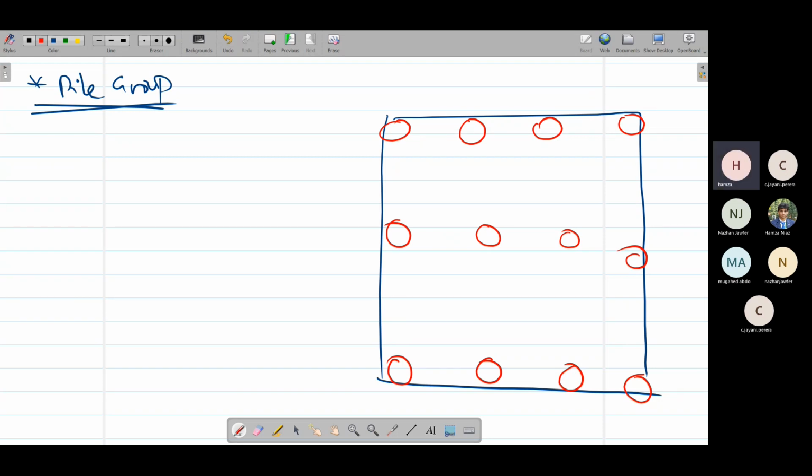Due to stress overlap between these piles, which are quite closely spaced, some stress overlapping would occur. So due to this, the load capacity of the pile group, we can call this Qg, is not equal to n times the load capacity of one pile, Q allowable.